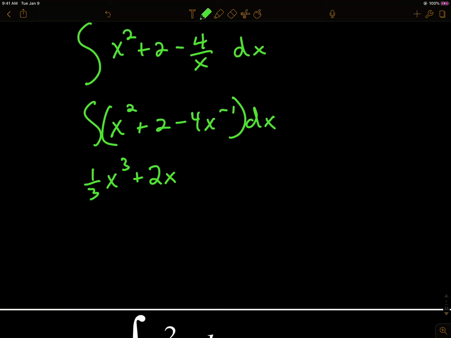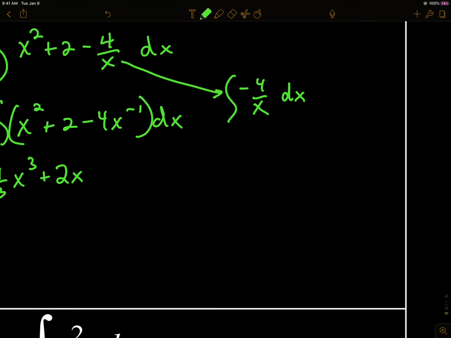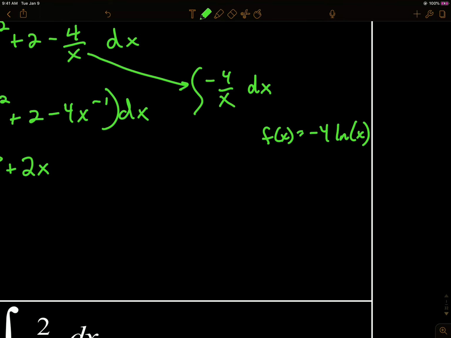So let's look at this 4 over x, the integral of that, on its own. We have to make a rule for that when it's over x to the first. Remember, we're looking for some function where the derivative of it would have been this. And that function is going to be ln of x, because the derivative of ln of x is 1 over x.